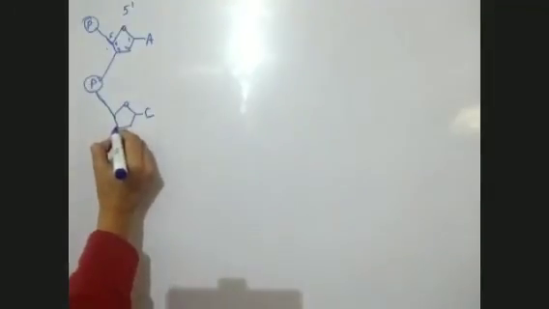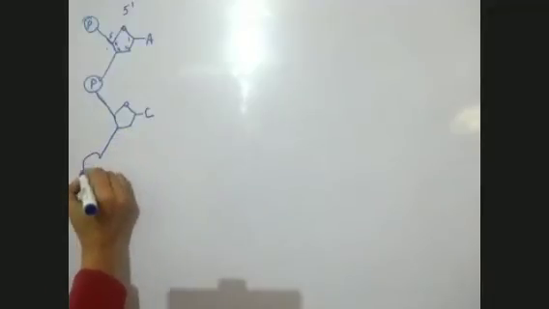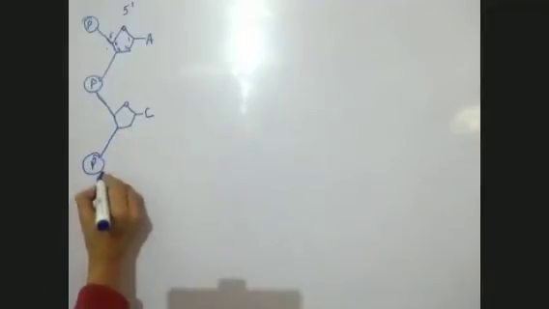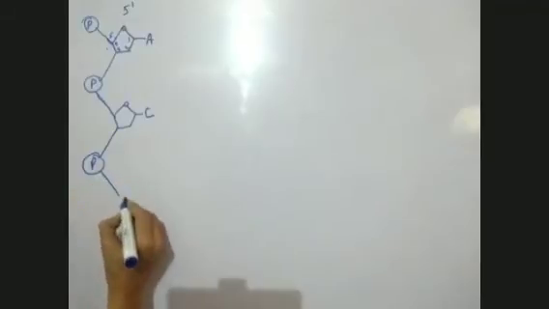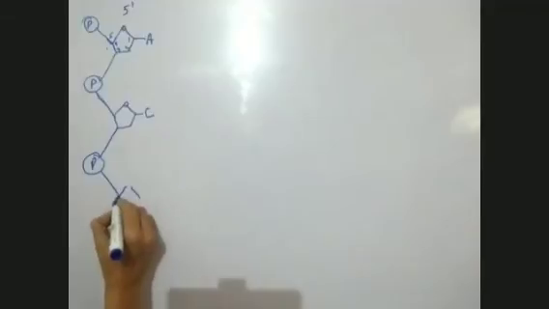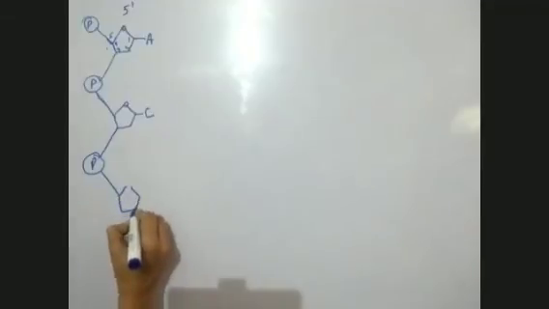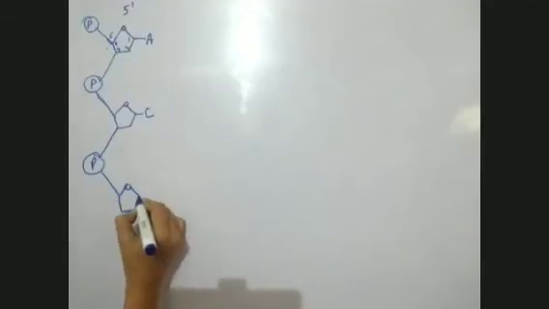Let's make it C. Now again the third carbon will be attached to another phosphate, P. Then again the fifth carbon, to which the phosphate is attached, and it is further attached to a base, and let it be T.